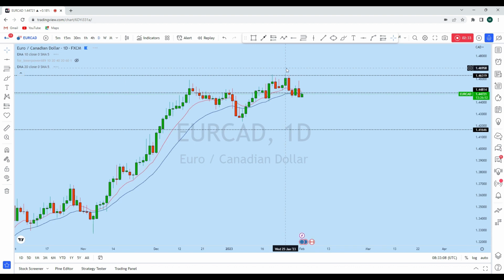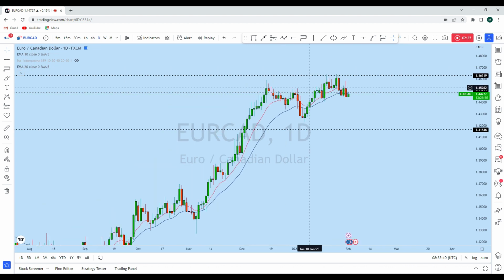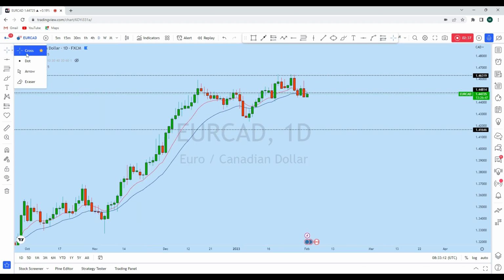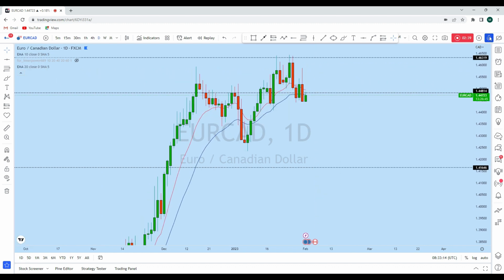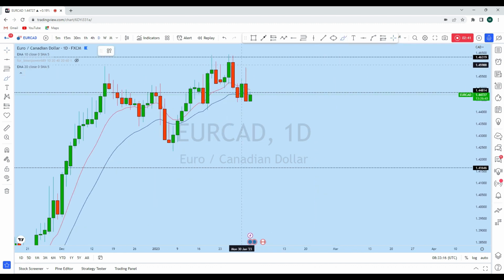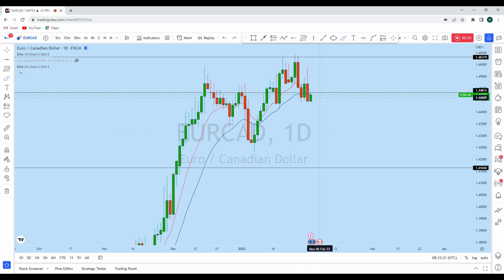If we look at the daily perspective, we see that on the daily time frame EURCAD is also showing a potential bearish setup. There is a head and shoulders formation on EURCAD with this big head and shoulders on the daily. The previous day the price had a strong rejection from this head and shoulders with a bearish engulfer. Today the price just tested this daily 20 EMA, and from this resistance we see primarily a rejection.